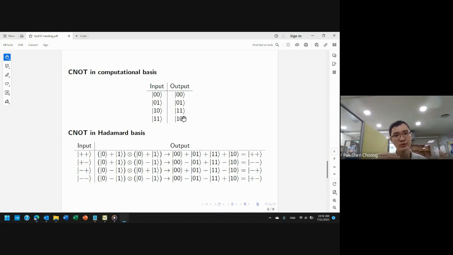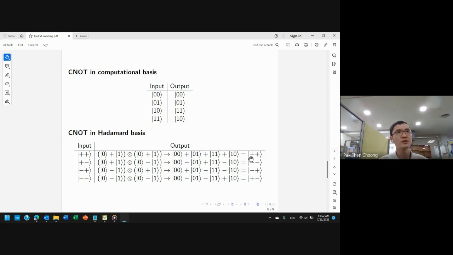But if you look at the Hadamard basis form, if you perform a CNOT, it is as if when your second qubit is minus, you change your first qubit.